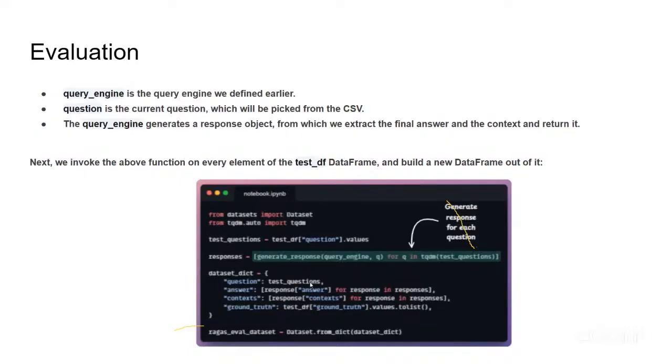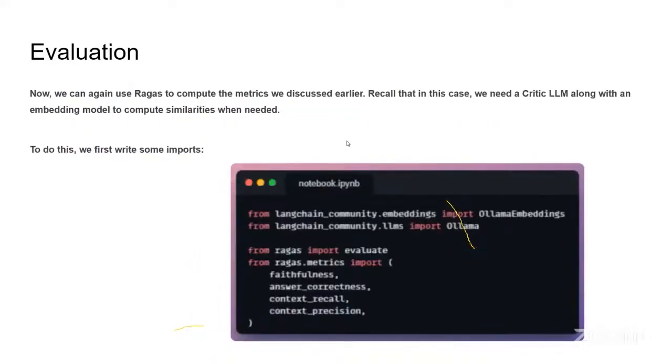Now we invoke the above function on every element of the test_df data frame and build a new data frame around it. Now we use Ragas. Ragas is one of the packages used to generate the evals.